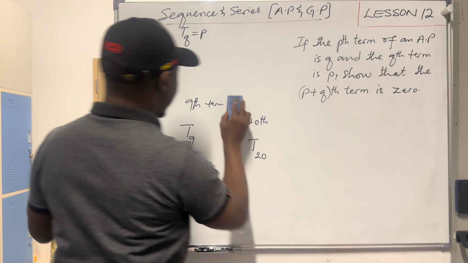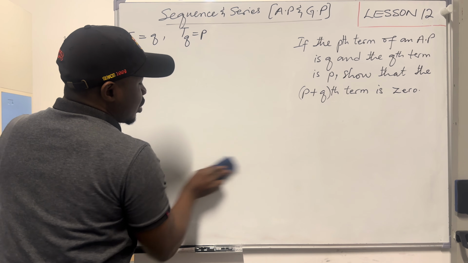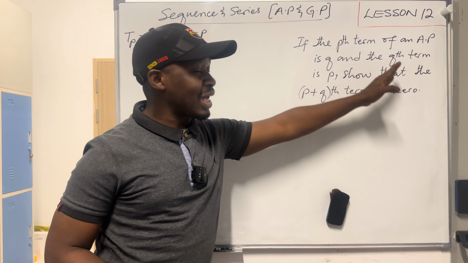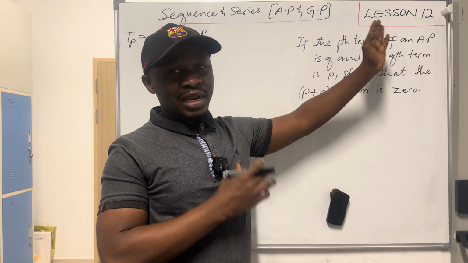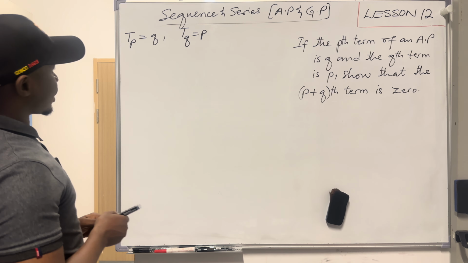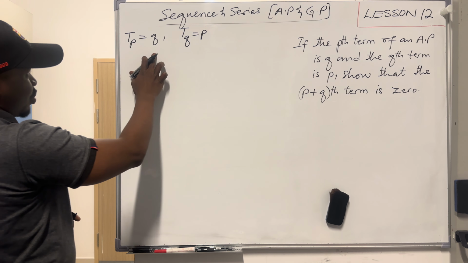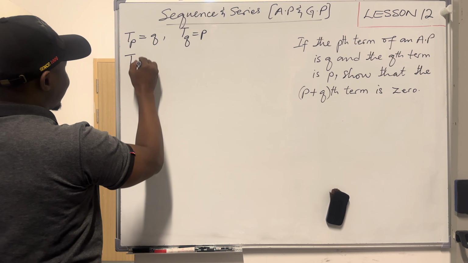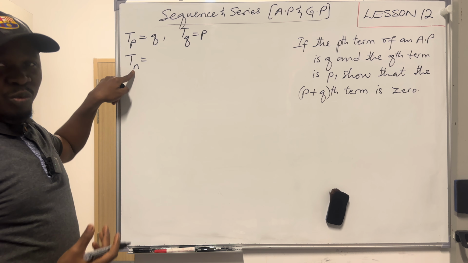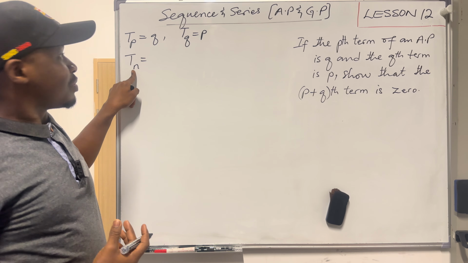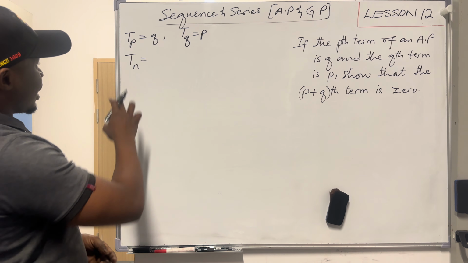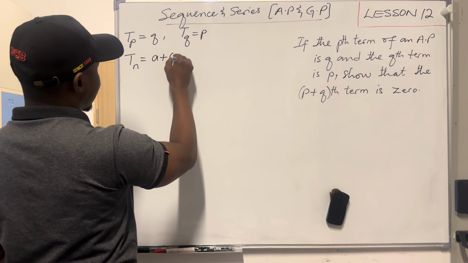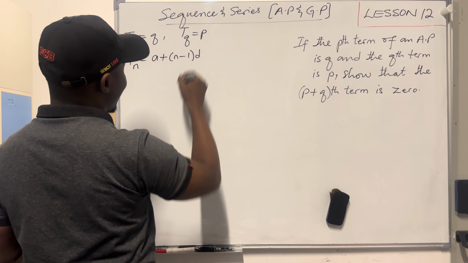But do not forget that we have AP and GP, and here specifically, it is an AP. The pth term is Q, the qth term is P. Generally, when we say nth term, we mean the general term. The nth term for an AP is a plus (n minus 1) multiplied by d.